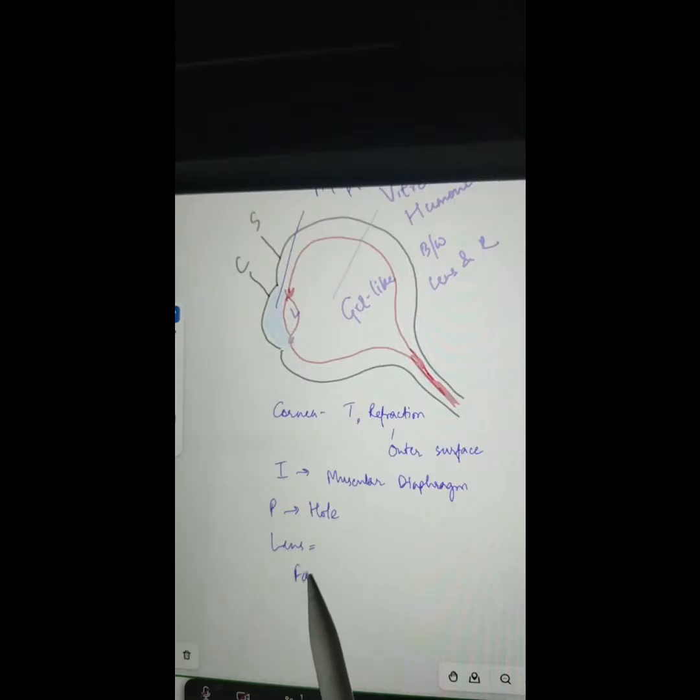So, in the case of far objects, the ciliary muscles will be relaxing. And once we are seeing nearby objects, the ciliary muscles are going to contract. Okay, they are going to contract. So with this we are done with the structure of the eye.